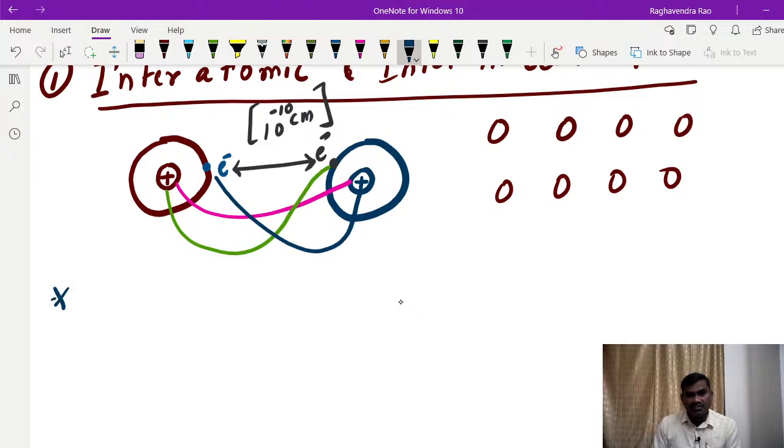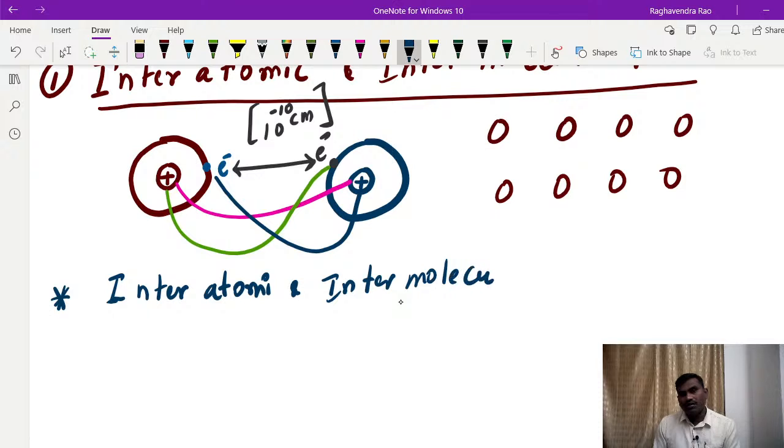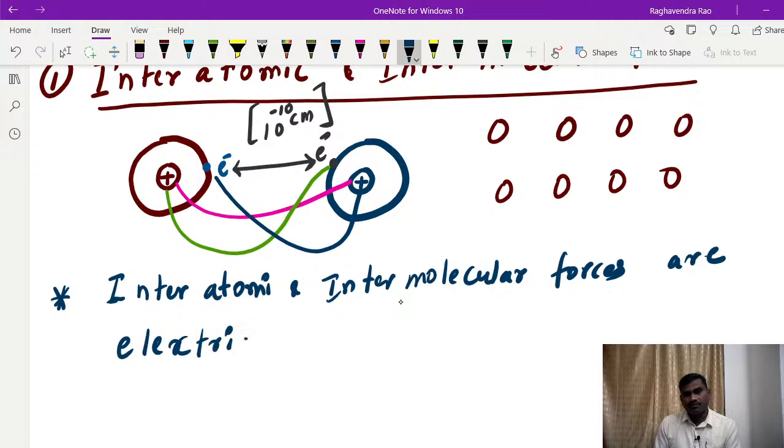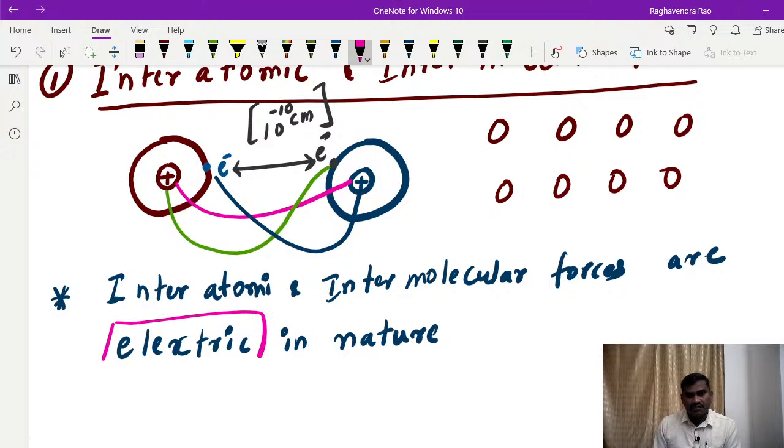So we can say interatomic and intermolecular forces are electric in nature.